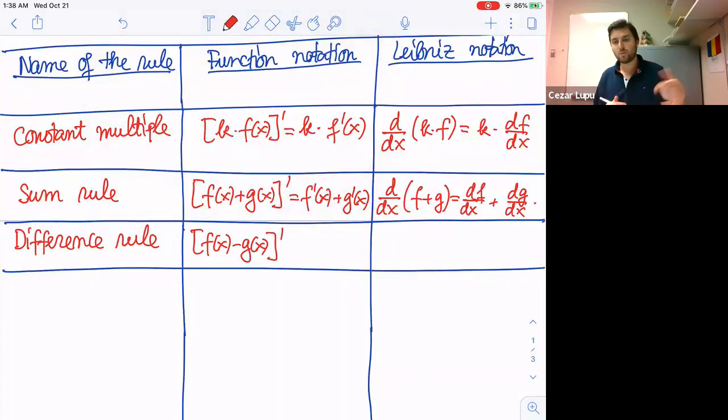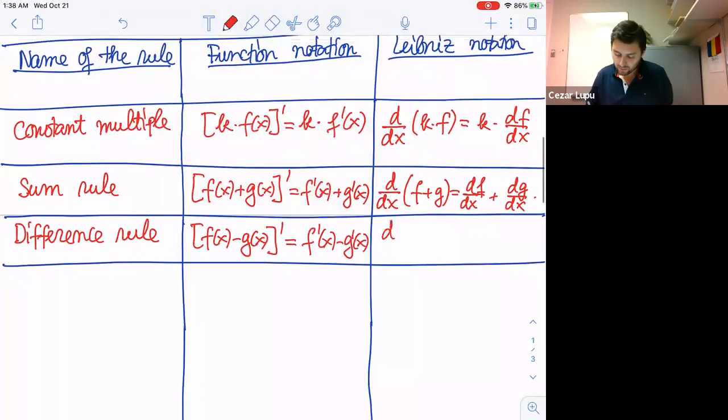You just add the first one with the opposite of the second function. So as you can see, the derivative of f minus g will be nothing else than the derivative of f minus the derivative of g. And of course, in Leibniz notation, it will be similar. df over dx minus dg over dx. Okay.